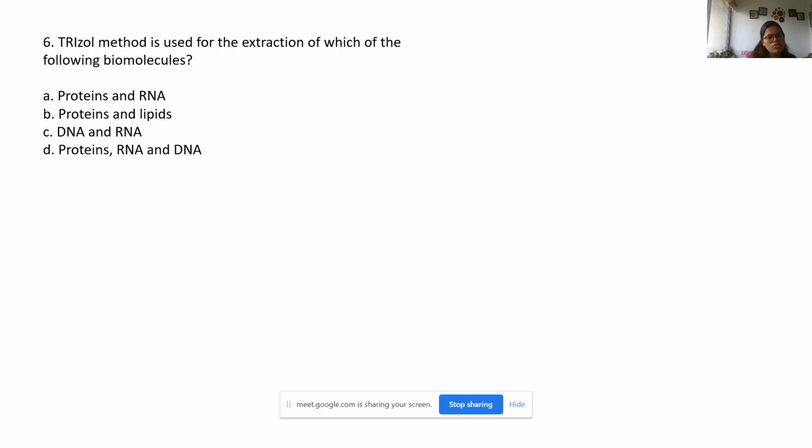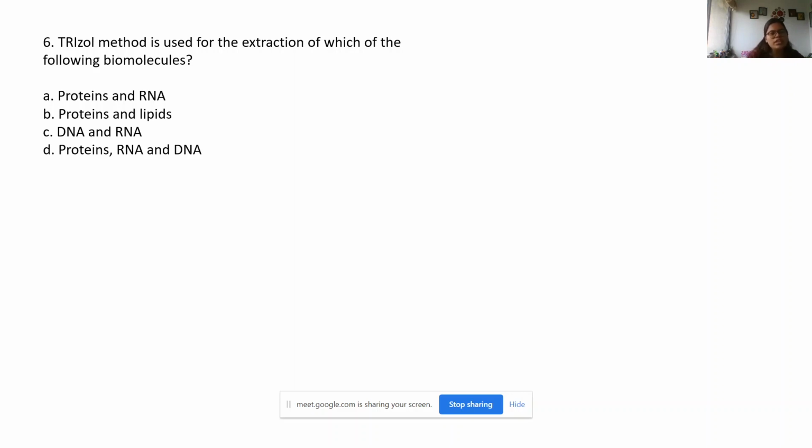What kind of biomolecules can you extract using the trizol method? Any guesses? Option D. Yes, correct. Proteins, RNA, and DNA.